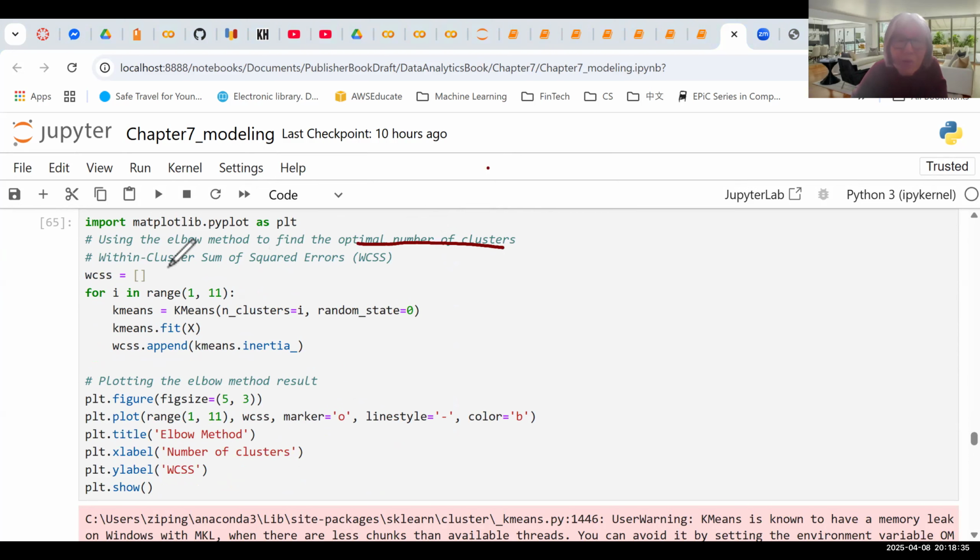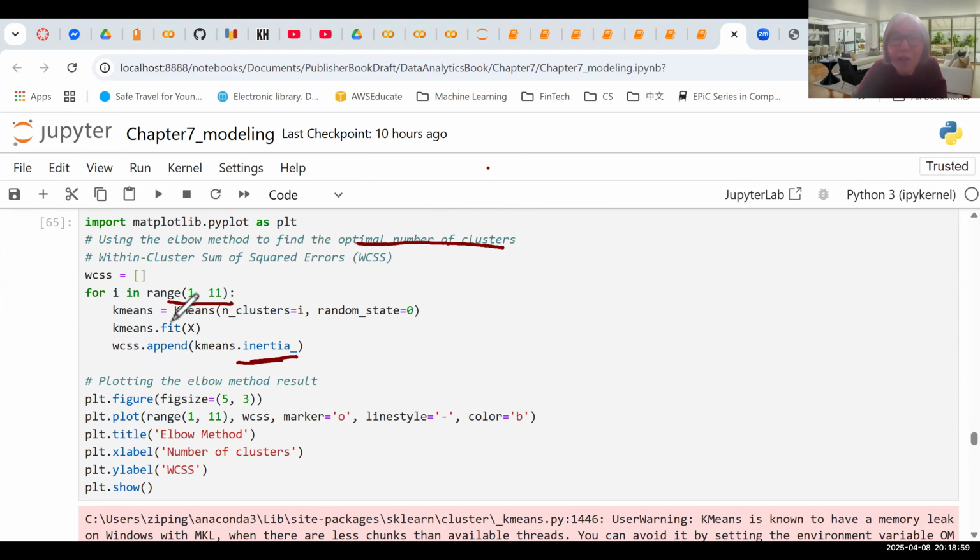And we said we are going to use the within cluster sum of squares. So basically in K-means it's called inertia, okay? So you can use this inertia to find the optimal number. So in this case, we change the number of clusters from 1 to 11, okay?